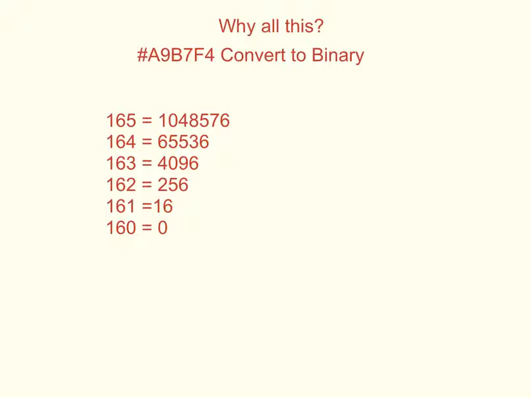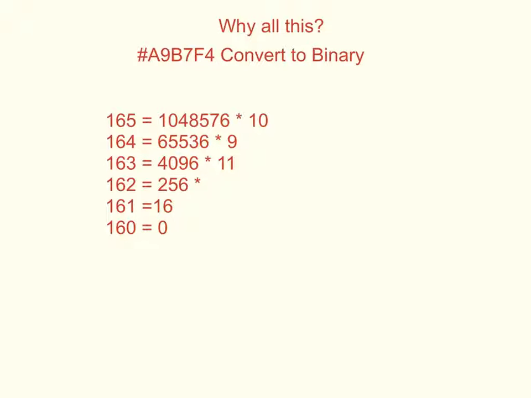Now, what we have to do is take each of these numbers and multiply them by their corresponding digit. So here, we're going to multiply this by 10 because A is equal to 10. Multiply this by 9. Multiply 4,096 by 11.